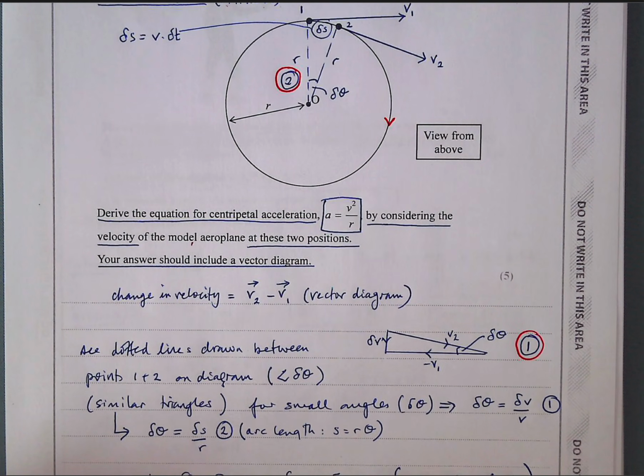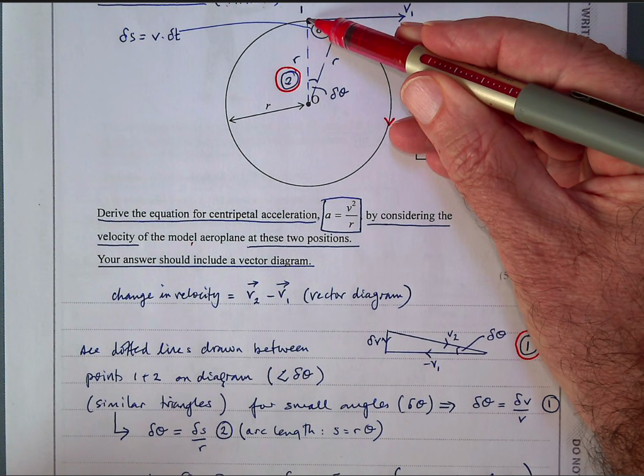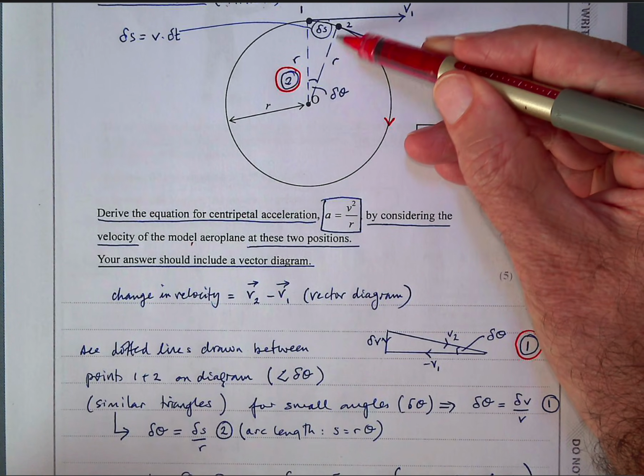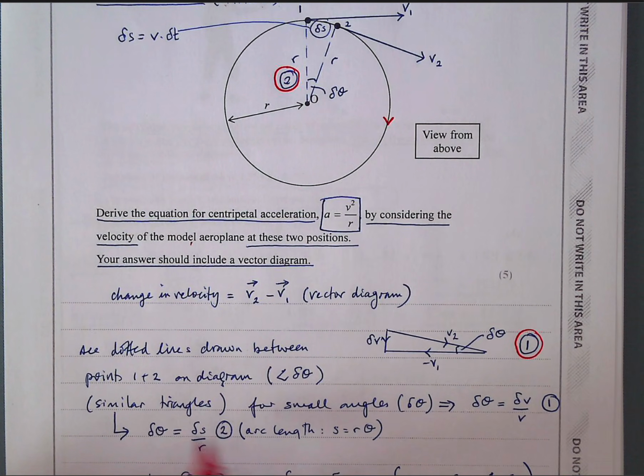I've drawn dotted lines between points 1 and 2. These show the distance from O to position 1 and from O to position 2, which are both equal to the radius of the circle, because we're going to use similar triangles.